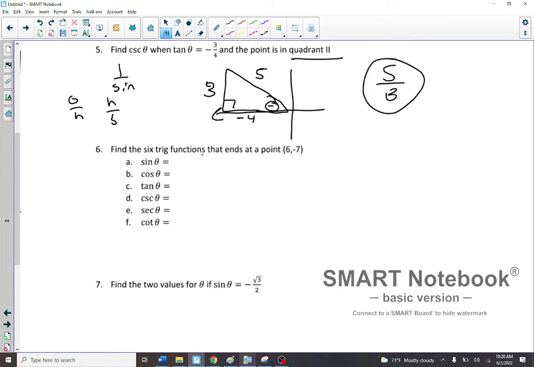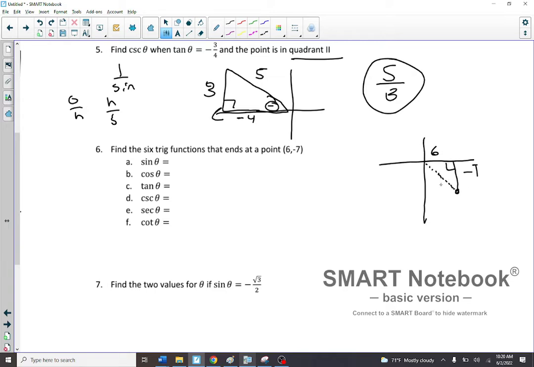All right, let's find the 6 trig functions for the point 6 comma negative 7. So right 6, down 7.